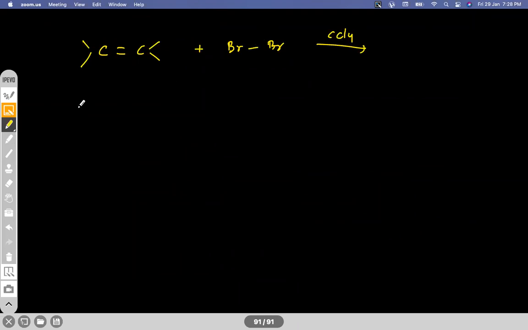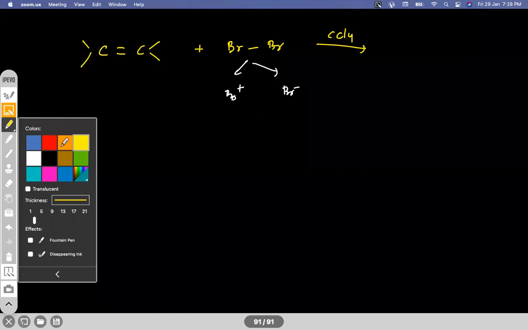Polarize means what? If it can polarize, then it will convert into Br plus and Br minus. This conversion is not happening because of the non-polar solvent. Hence, we have delta positive, delta negative charge.